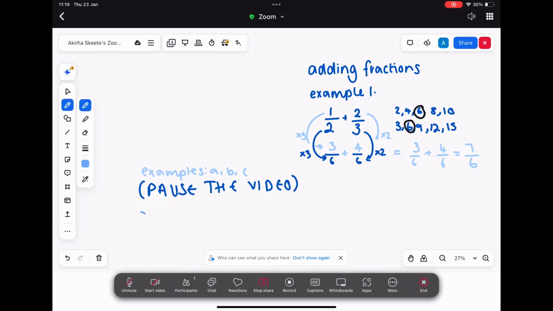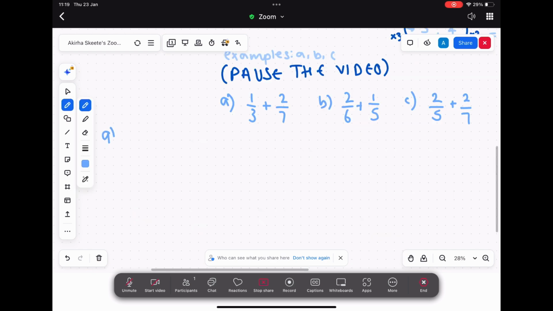So if we start with A, I think I'm going to go for 1/3 plus 2/7. And then let's do B. B will be 2/6 plus 1/5. Finally, C is going to be 2/5 plus 2/7. Okay, so I'm going to shimmy over here and do A. At this point, you've paused the video, had a go by yourself, and now checking your answers.